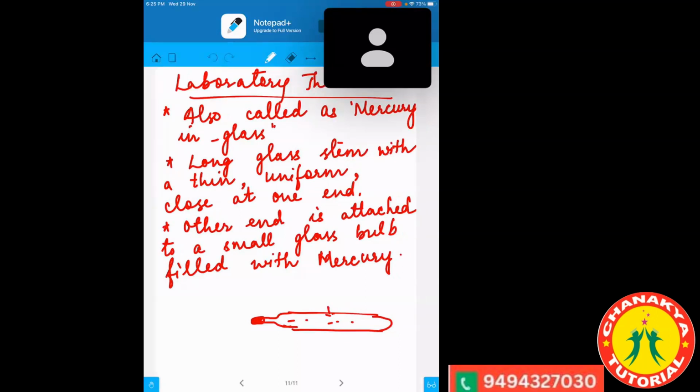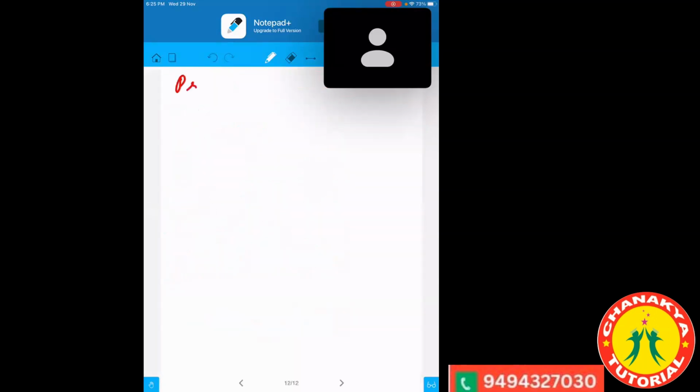So now we'll see what precautions we have to take. As we have seen in the video also, we have to first of all handle it with care. We should not hold the thermometer by the bulb.